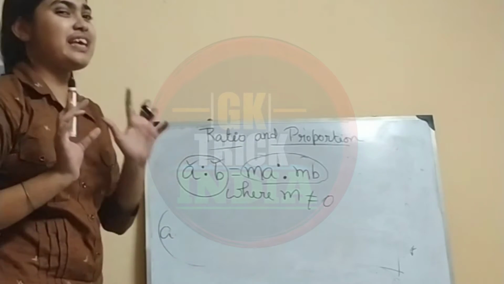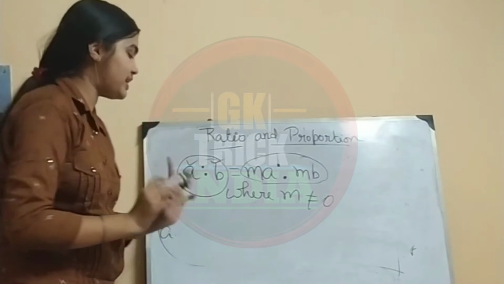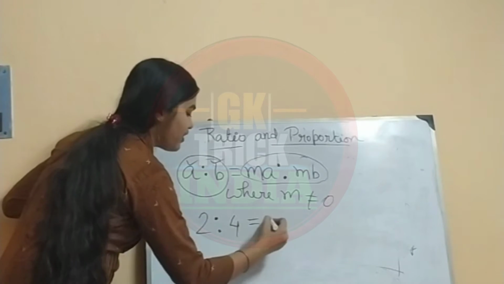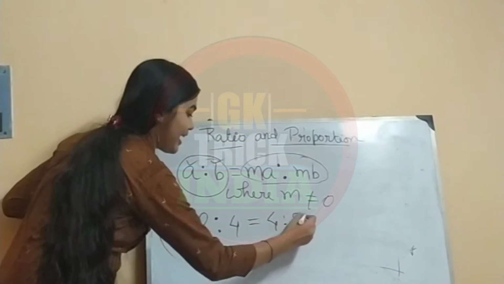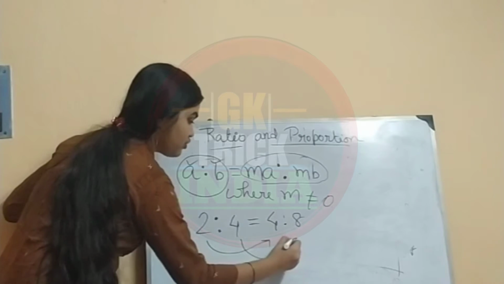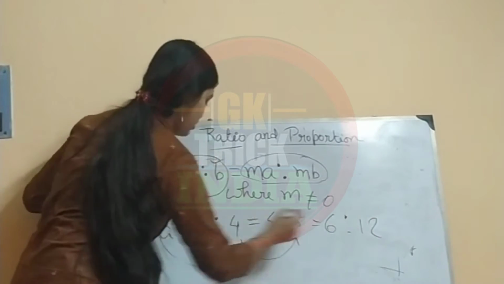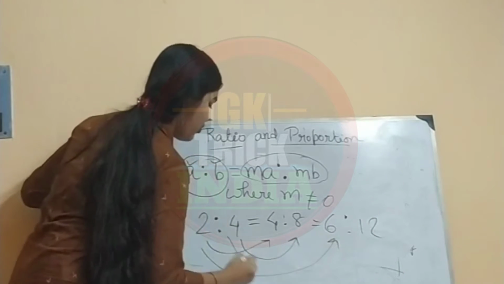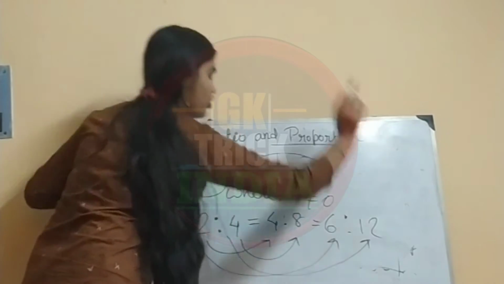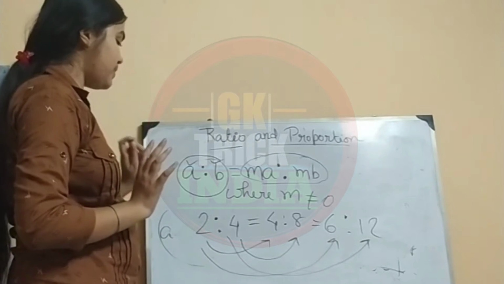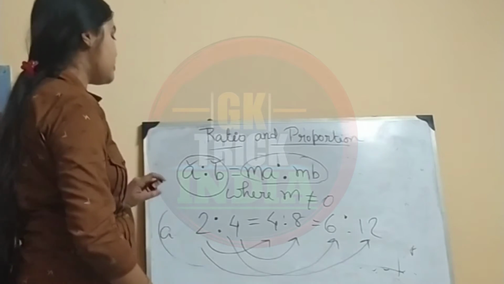I am giving an example to clarify it. We have 2 is to 4. It is equal to 4 is to 8, like 2 into 2, 4 into 2, equal to 6 is to 12, or 2 into 3, 4 into 3, and so on. So guys, I think you have understood the meaning of comparison of ratios.